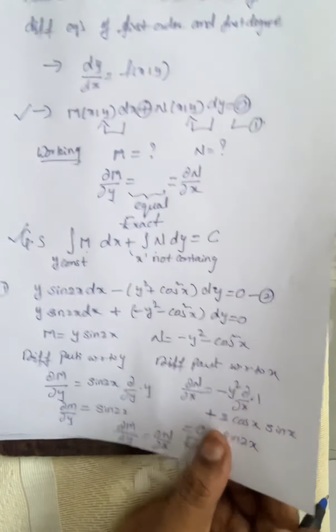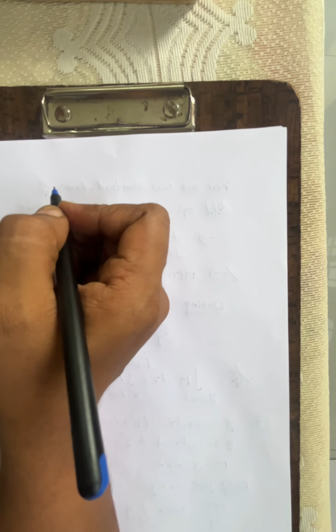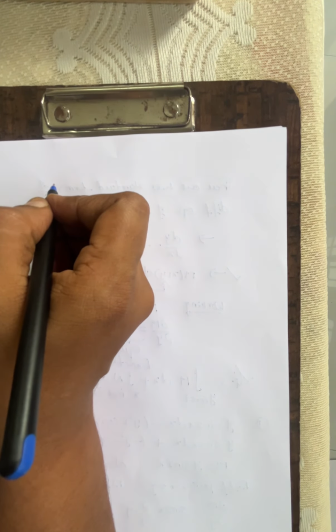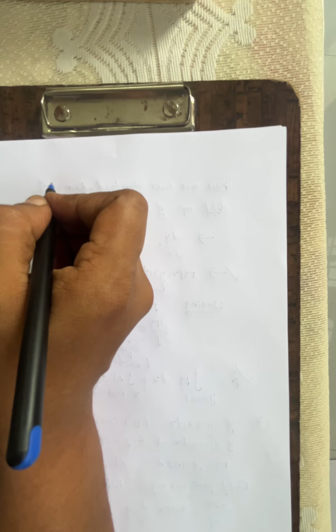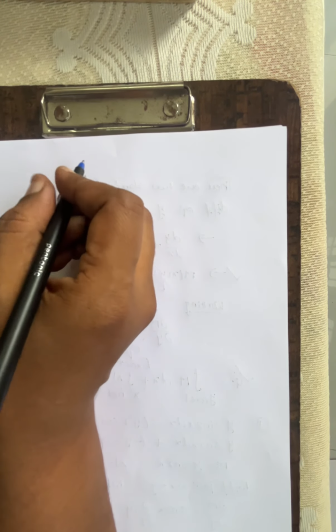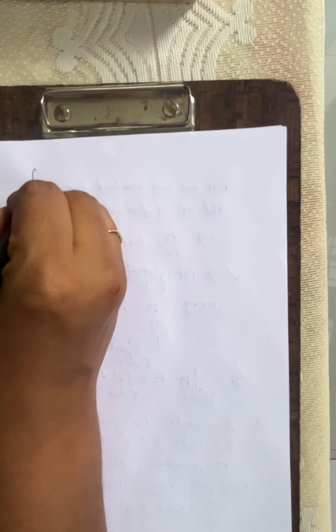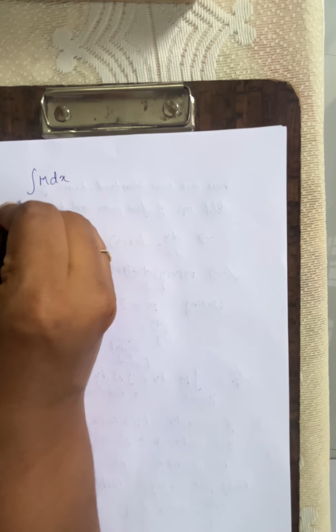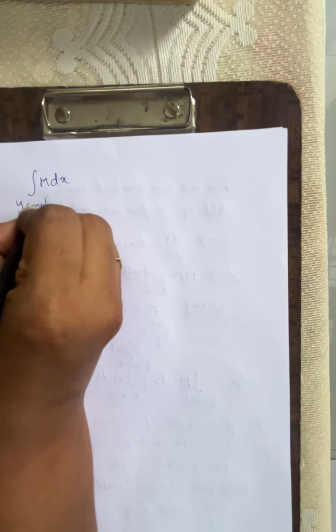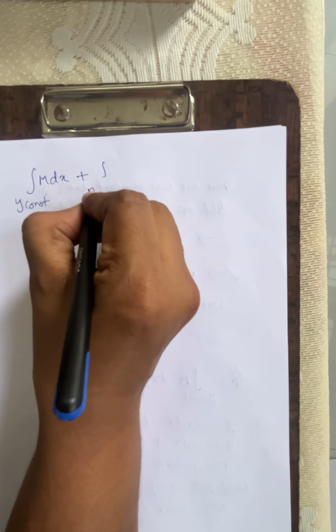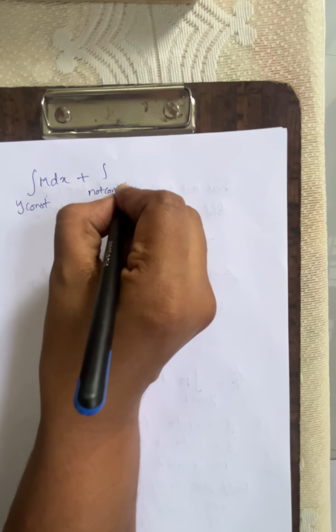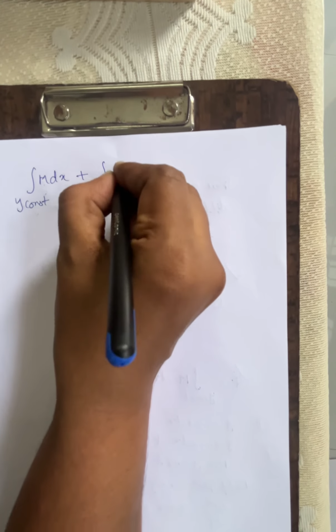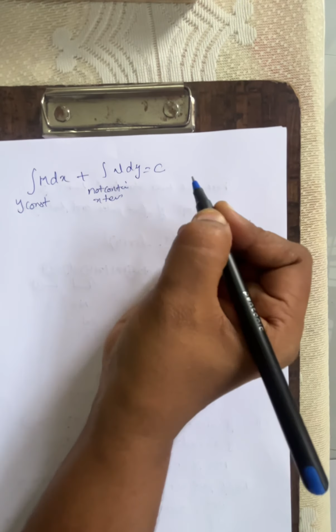Once it is exact, we'll go for the general solution. Here we are calling it the general solution because the order is 1, so the number of constants we suppose is also 1. That's the reason we call it a general solution. So, what is the general solution for this? Integration of m dx, treating y as constant, plus integration of the terms of n not containing x, dy, equal to c.